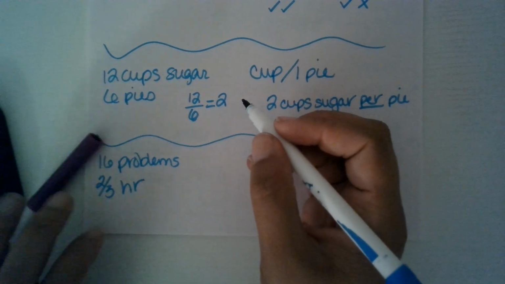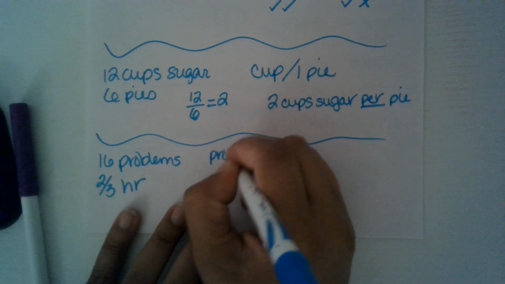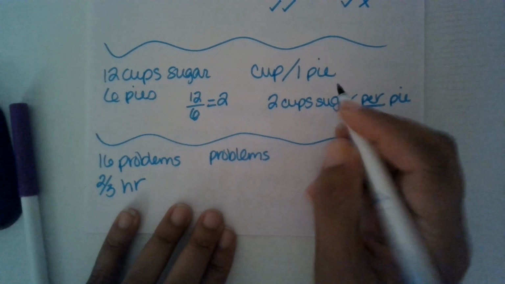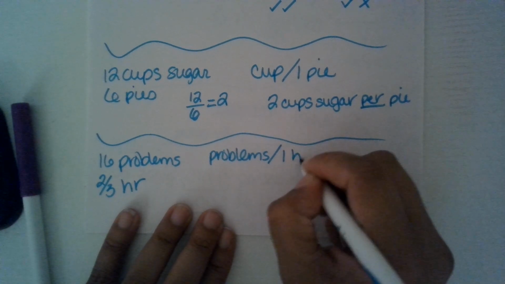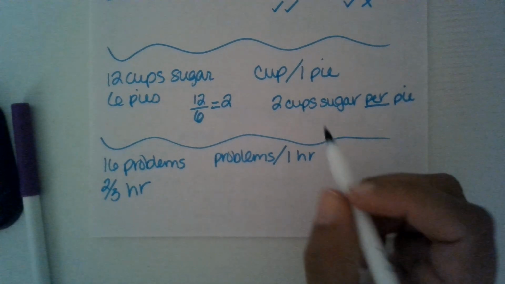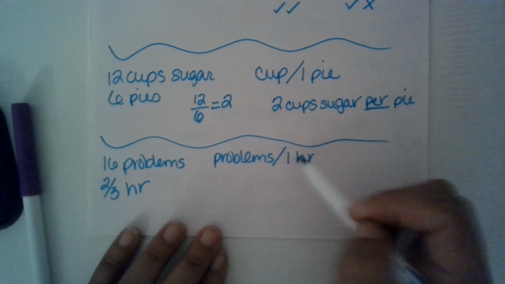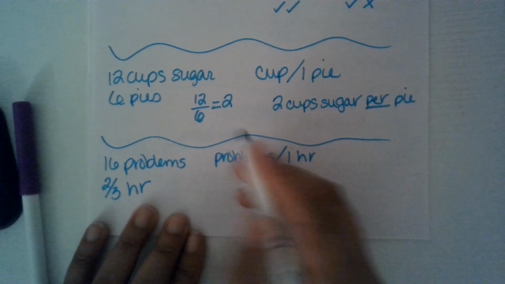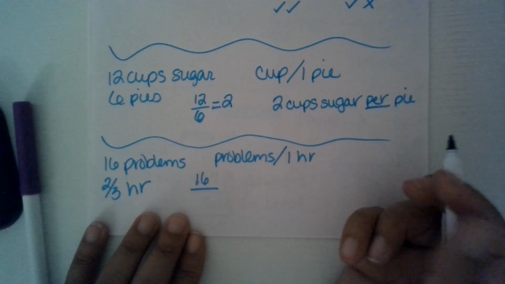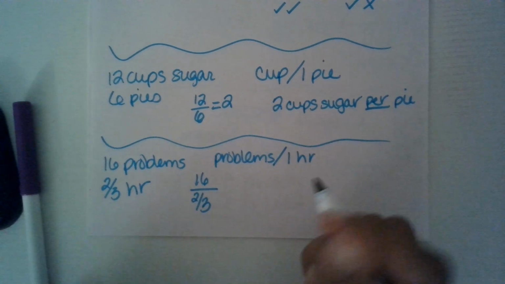Right? First off, this is not even a full hour, okay? So I want to know how many problems per 1 hour. So if you write it in words first, then it is guaranteed on how to put it as a fraction. So problems goes on top. So I got 16 over 2/3.